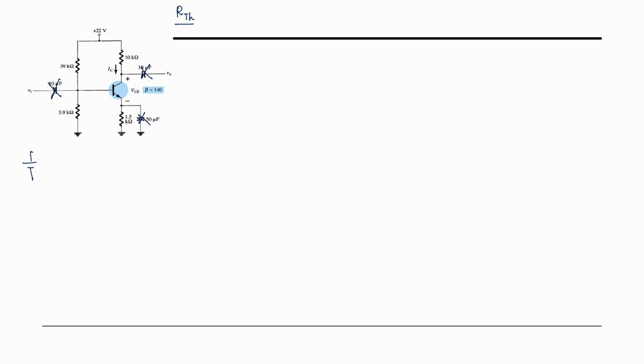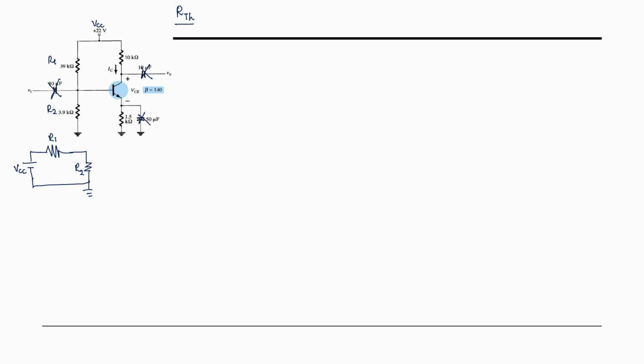Here is your R1 and this is your R2. This is your R1, this is your VCC. Here is your R2, and R2 is connected to ground, so here is your ground.